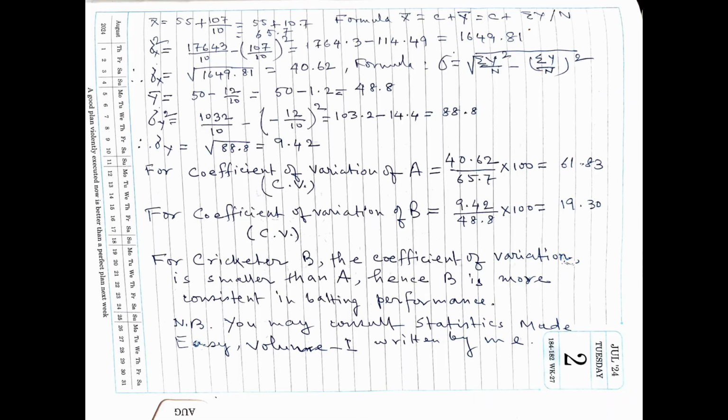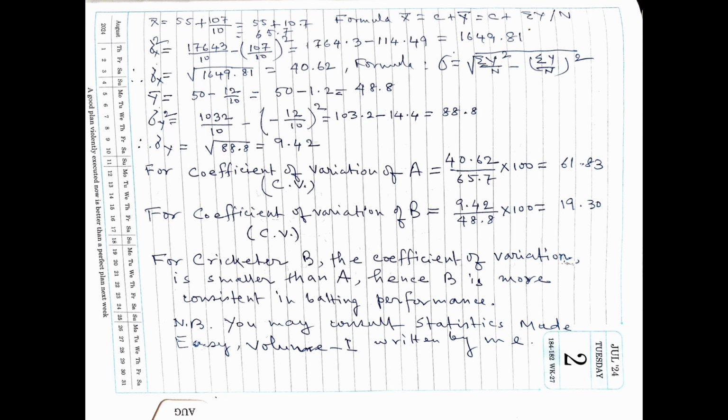X bar is equal to 55 plus 107 by 10, is equal to 55 plus 10.7, is equal to 65.7. Formula used here: X bar is equal to C plus Y bar, is equal to C plus summation Y by n.